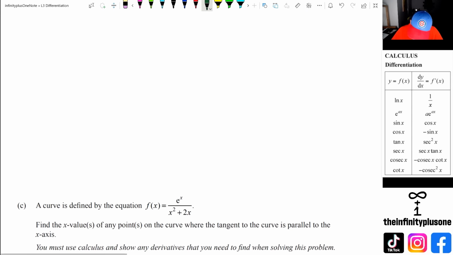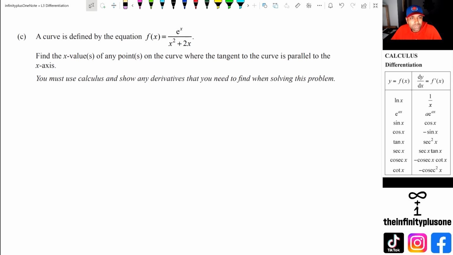All right, let's go to question C. So question C is, we've got a curve where the tangent of the curve is parallel to the x-axis. Now, if the tangent is parallel to the x-axis, that's basically saying that we want to figure out when the gradient is equal to 0. That's all.